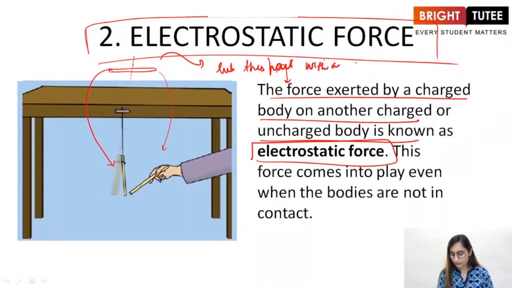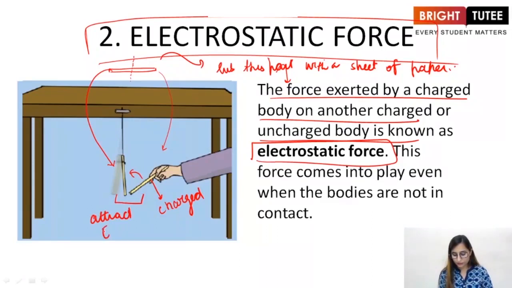So this part that you have rubbed is now charged, right? You basically charged it. Now you brought this charged straw close to the uncharged part of the straw, right? You will see that these straws attract each other.